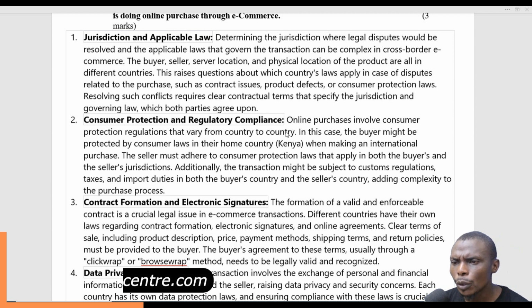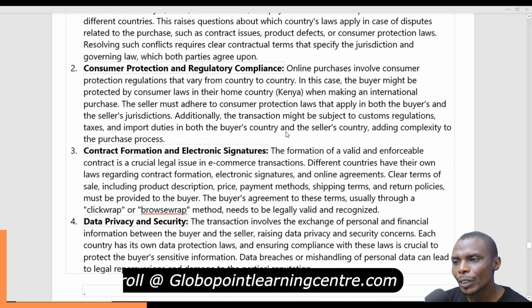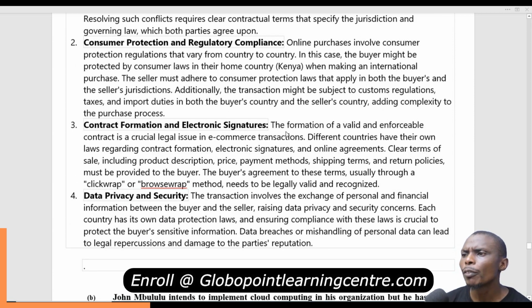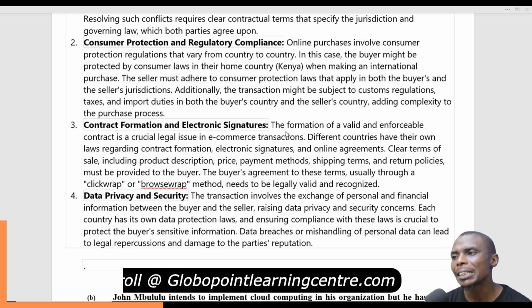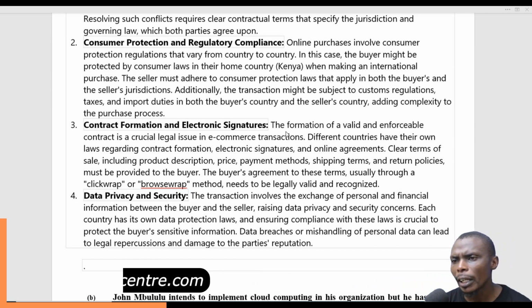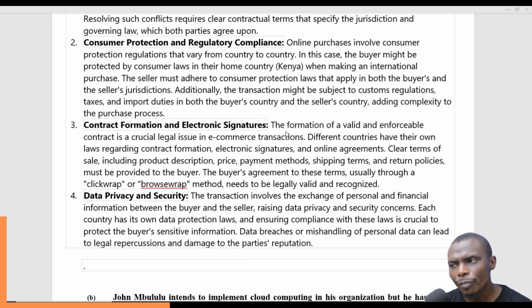Then we have also contract formation and electronic signature. So the formation of a valid and enforceable contract is always very crucial in e-commerce transactions. There must be valid contracts. Now, different countries, again, have their own laws regarding contract formation, how they do electronic signatures, and even online agreements.